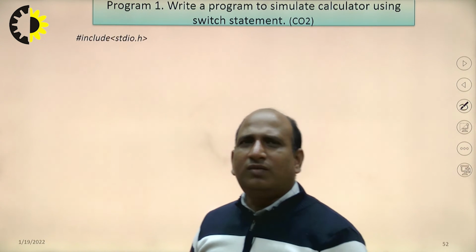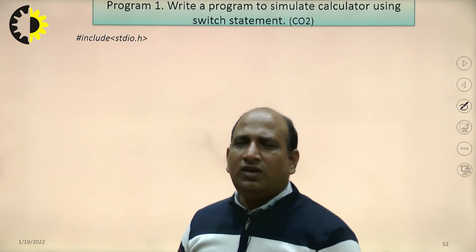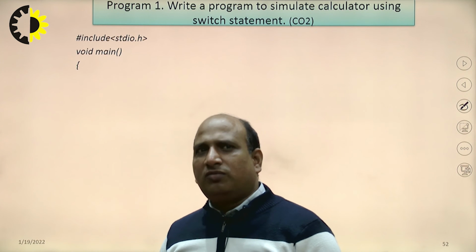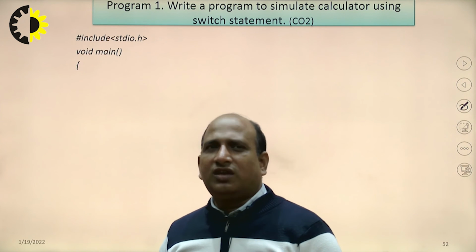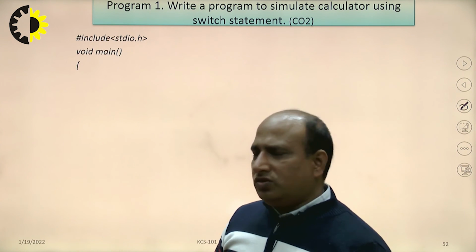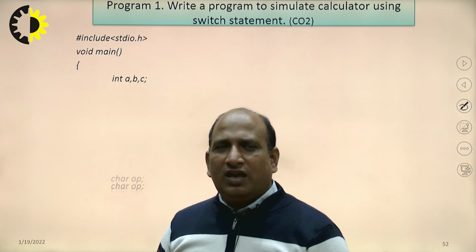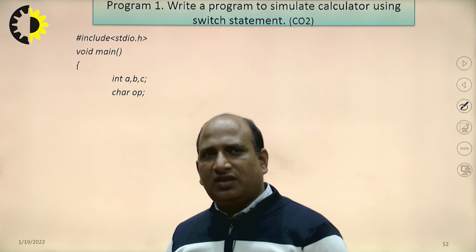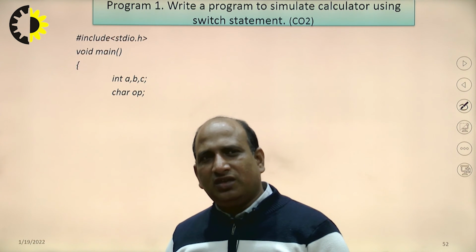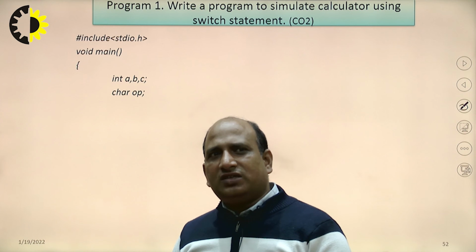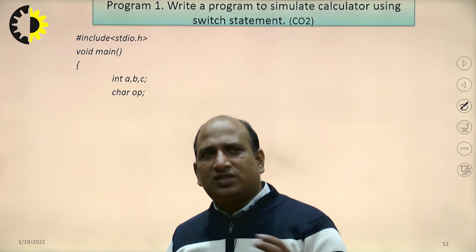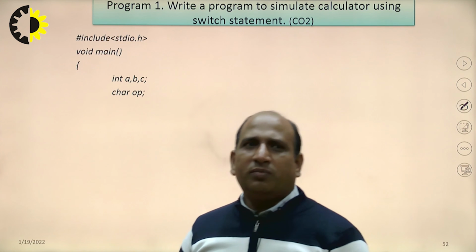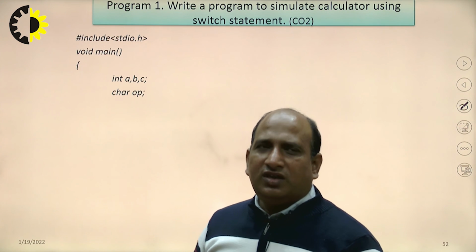Here is a program to make a simple calculator using the switch case statement. Write a program to simulate a calculator using the switch case statement. I have taken A, B, C as variables. I will take two operands in A and B, calculate the result and put it in the C variable, and I will apply an operator op on those operands.